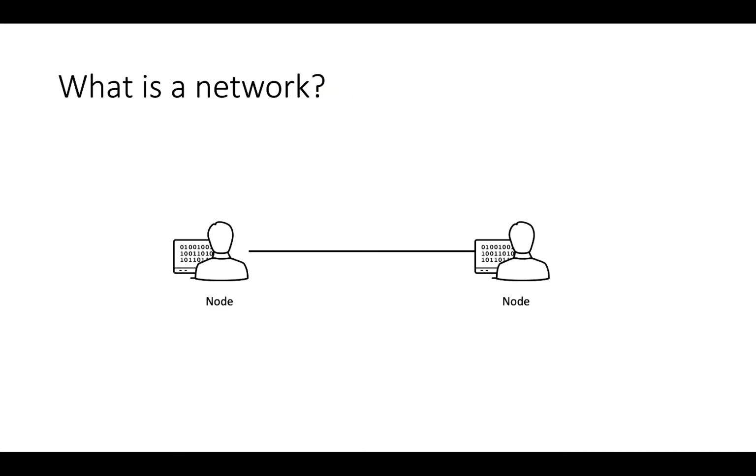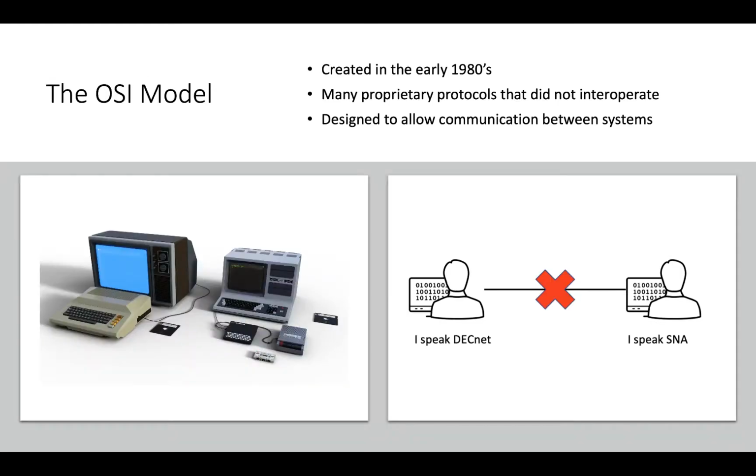A network allows two or more nodes to communicate over a shared medium. That medium could be copper cables such as Cat5, Cat6, optical cables, as well as radio signals over the wireless. The OSI model was created out of a need to allow systems from different manufacturers to communicate.